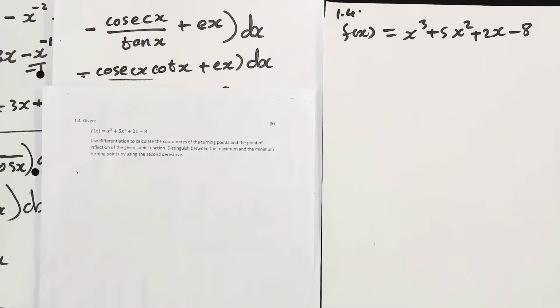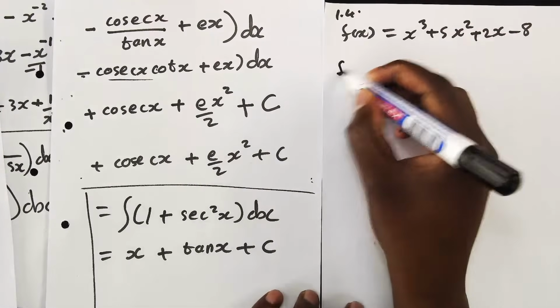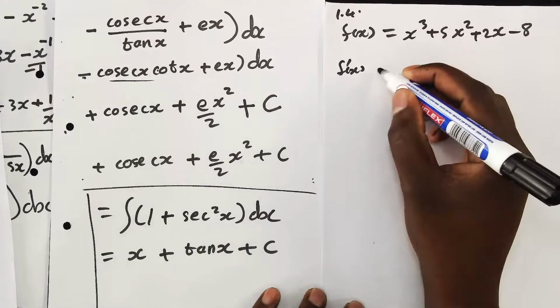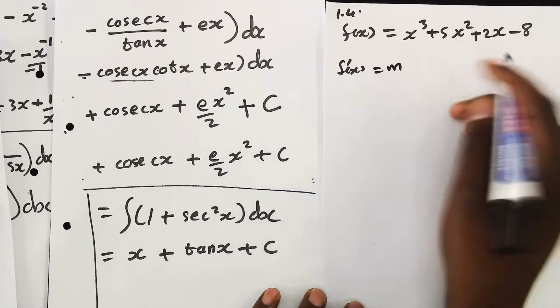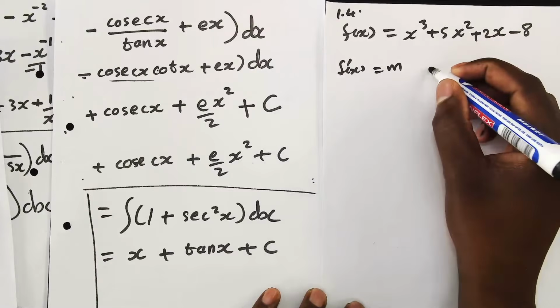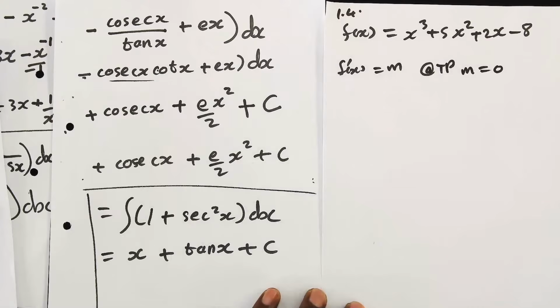Distinguish between maximum and minimum turning points by using the second derivative. So we need to determine the coordinates of the turning points and distinguish the maxima and minima. Not to waste time, we'll look for the first derivative, f prime of x. And we know that f prime of x is equal to the gradient m, and at a turning point, m is equal to 0.